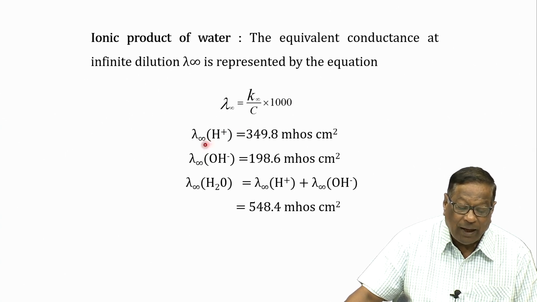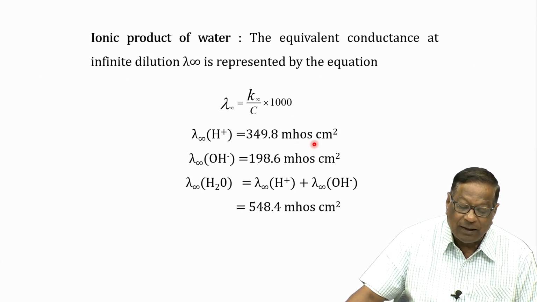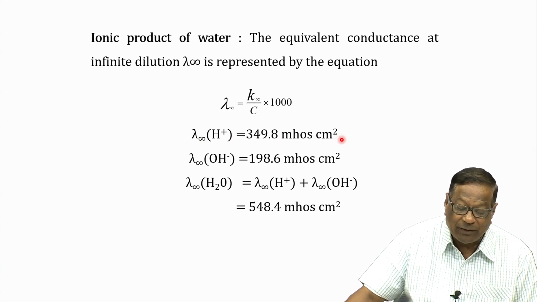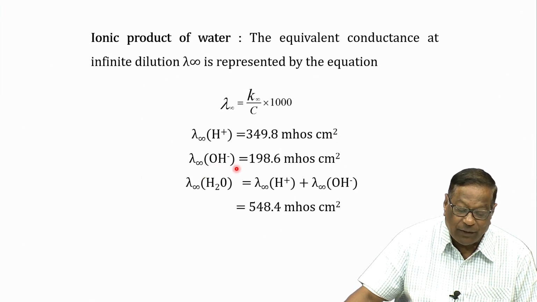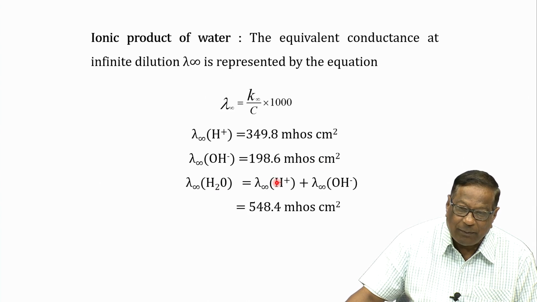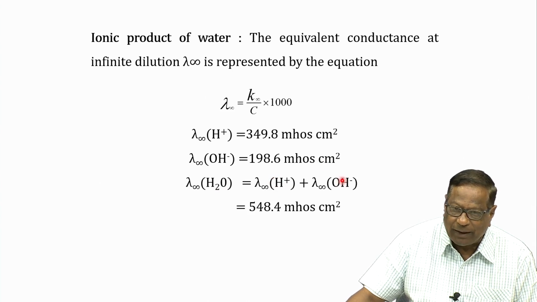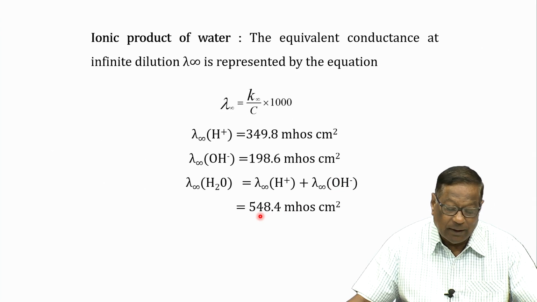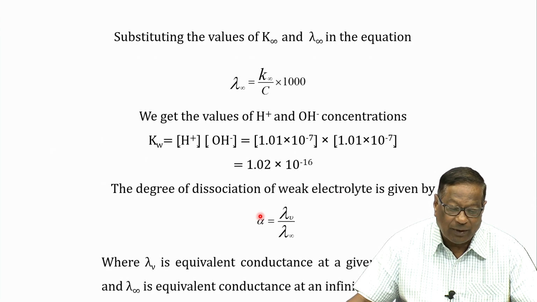Again, from the table I have this information, that is lambda infinity of H plus is 349.8 mho per centimeter square, and lambda infinity of the hydroxyl ion is 198.6 mho per centimeter square, and lambda infinity of water is nothing but lambda infinity of H plus and OH minus ions. We assume that there are no dissolved salts in this. So, the total is 548.4 mho per centimeter square.